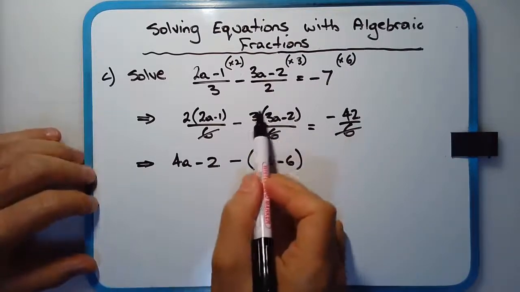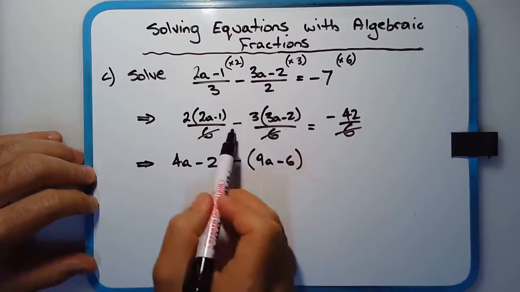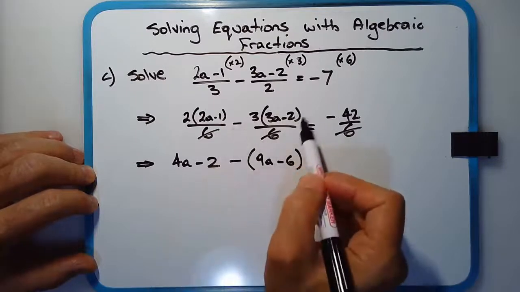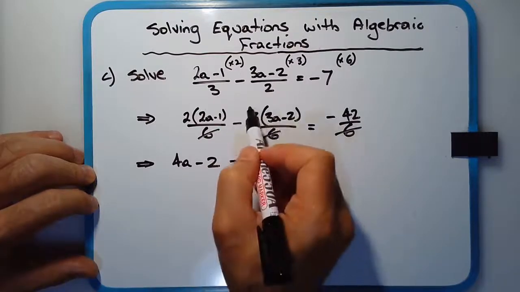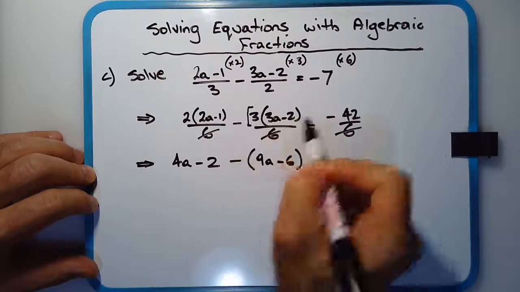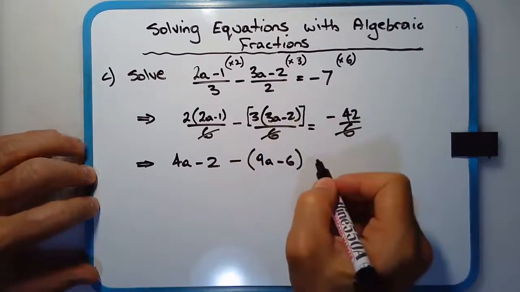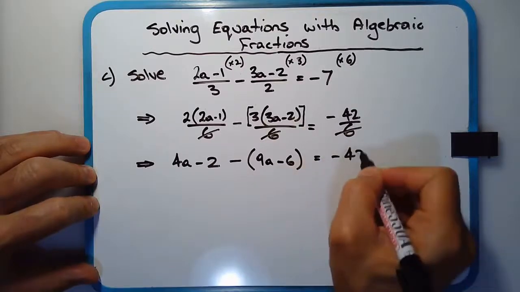So this numerator here is 9a minus 6, but then you have a negative in front of all of that. Fractions have implied brackets outside the numerators and denominators, which we don't always show. And that's equal to negative 42.